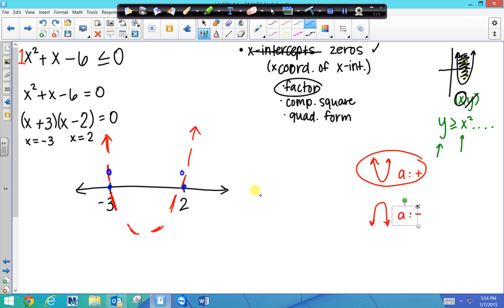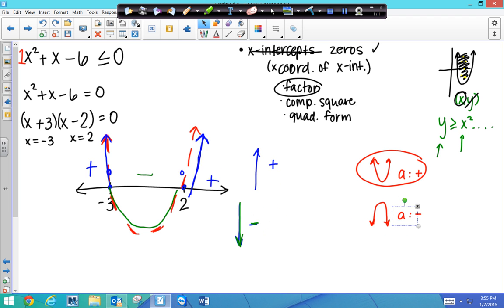If the graph is above the number line, that means it is positive. If the graph is below, that means it is negative. So if we look at what we're doing right here, we've got a positive to the right of 2. We also have a positive when we're to the left of -3. When we are in between those two numbers, we are below, so we are negative.